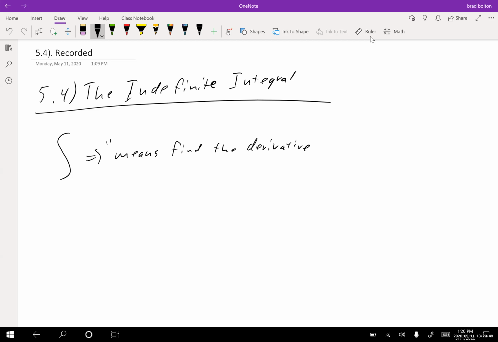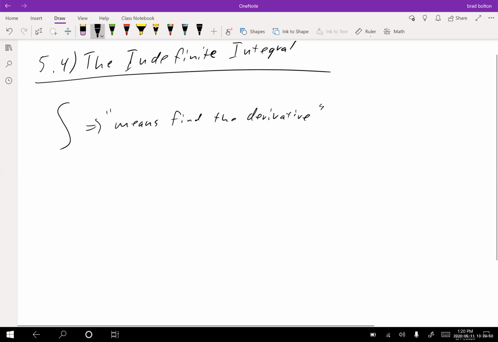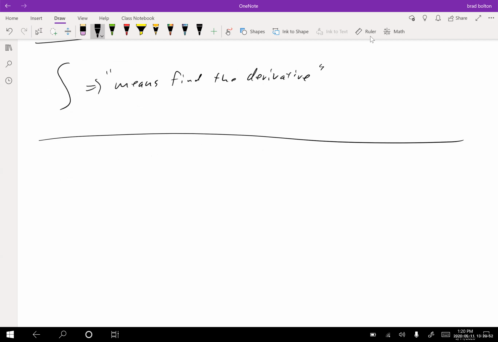So we already know that when you take the integral of f of x dx equals, we know that when somebody asks you to find the, oops, I'm sorry, it's not find the derivative, it means find the antiderivative. Sorry about that. I was worried about how to spell it, and I ended up spelling the wrong word. Antiderivative.